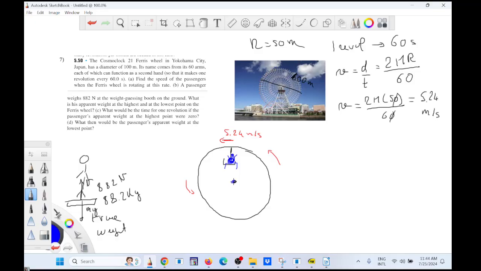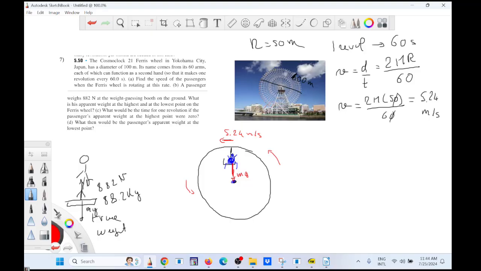And what is down in that case? In that case, it's going to be the weight, mg, and mg has to be larger than the force up. And what is up?